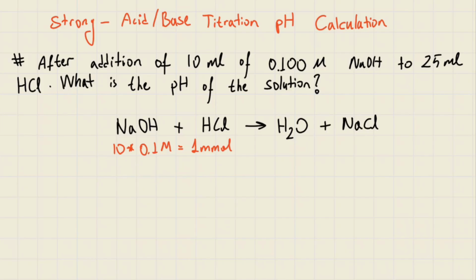So we have 1 millimole sodium hydroxide, and the HCl is 25 milliliter times 0.1 molar, so it is 2.5 millimole.